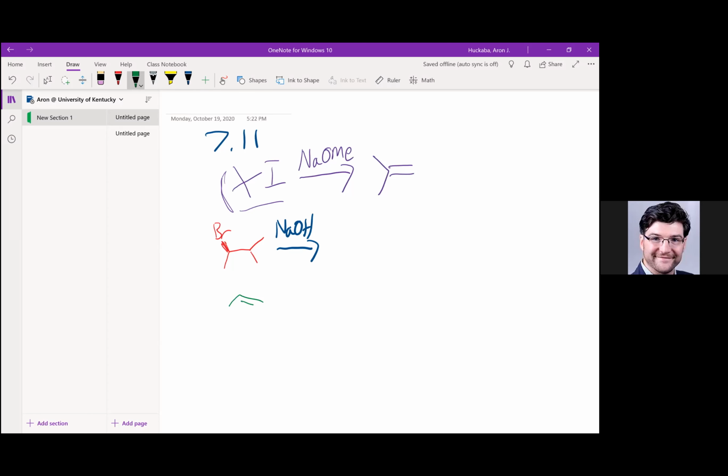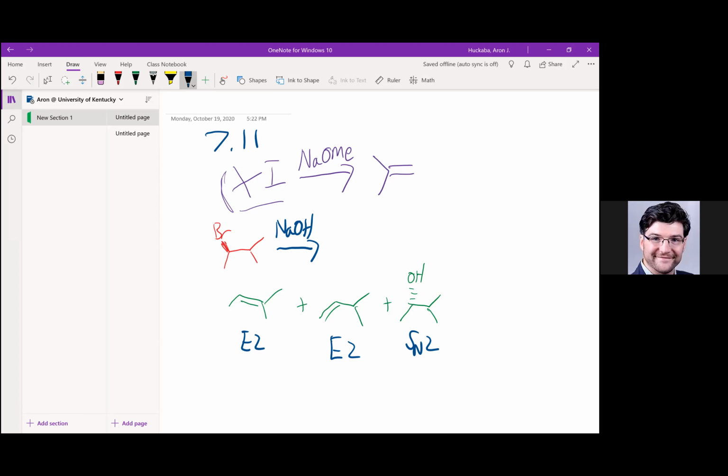Because you can actually get three different products here, and each of them has to do with a different reaction mechanism. The first would be the result of an E2 elimination, as would the second product, but the third product would be a result of an SN2 reaction, a substitution.